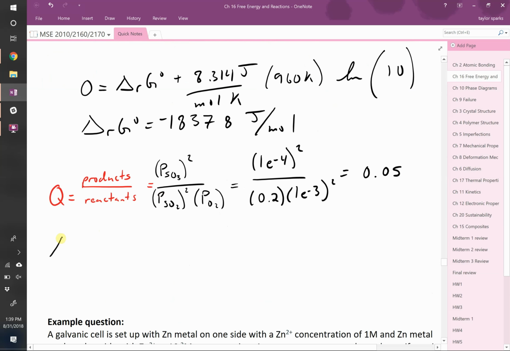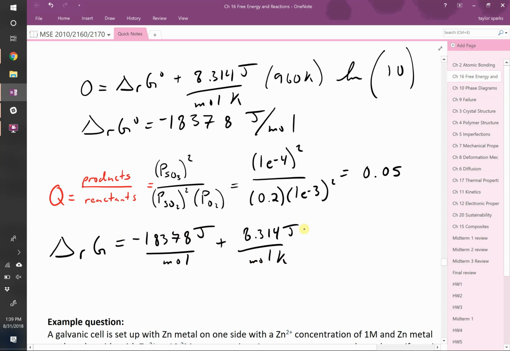We say delta Rg is equal to negative 18378 joules per mole plus 8.314 joules per mole Kelvin multiplied by 960 Kelvin multiplied by the natural log of 0.05. And this comes out to what?